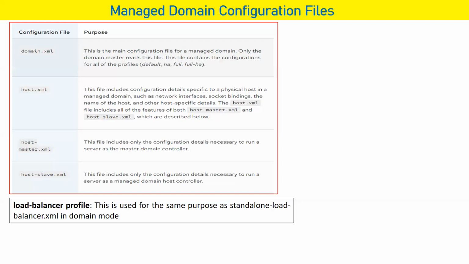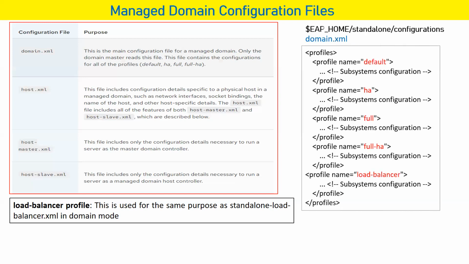And apart from that, you have a different profile called load-balancer. It is just like the same profile you have in the standalone mode, which is used in the domain mode when you go for load balancing kinds of configurations, like the configuration with your web servers.